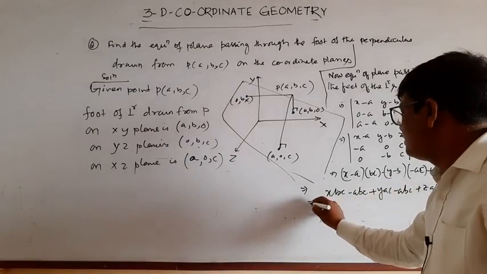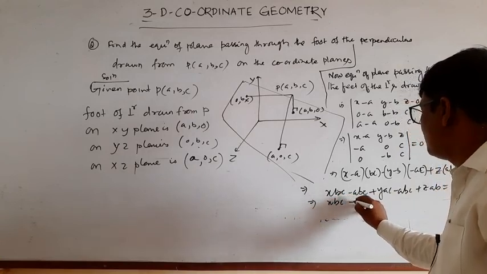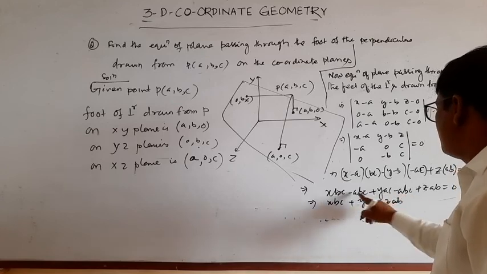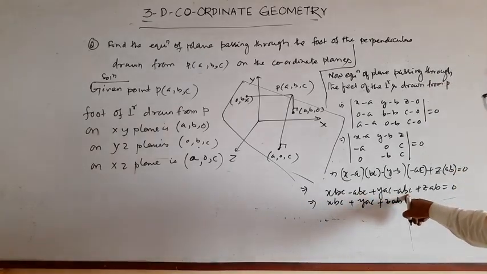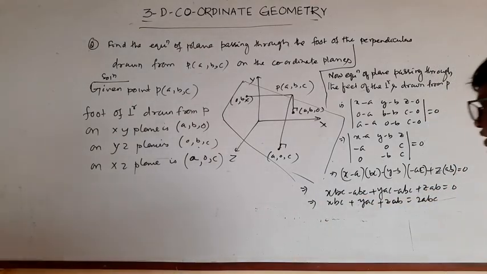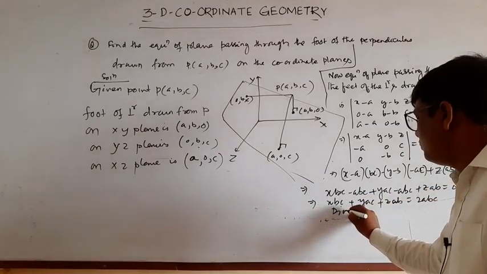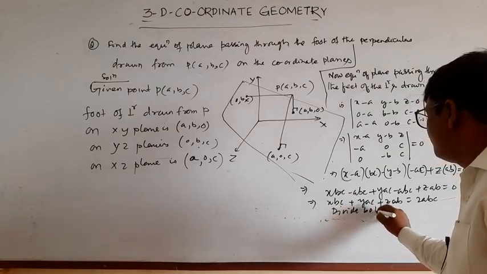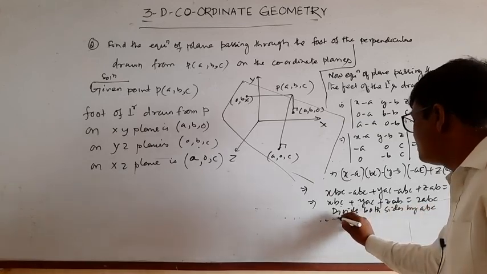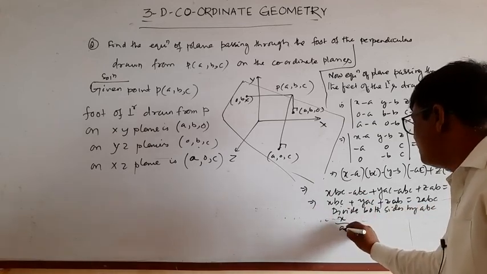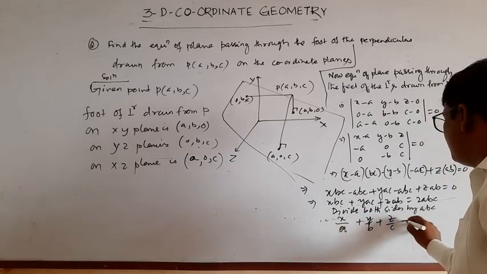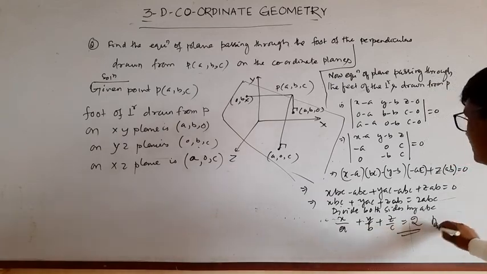Now that implies xbc plus yac plus zab is equal to 2abc. So divide both sides by abc, so x by a plus y by b plus z by c is equal to 2. This is the answer.